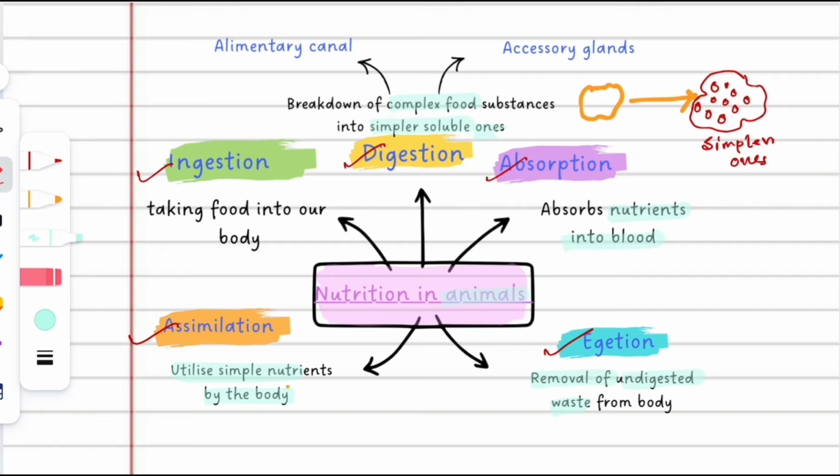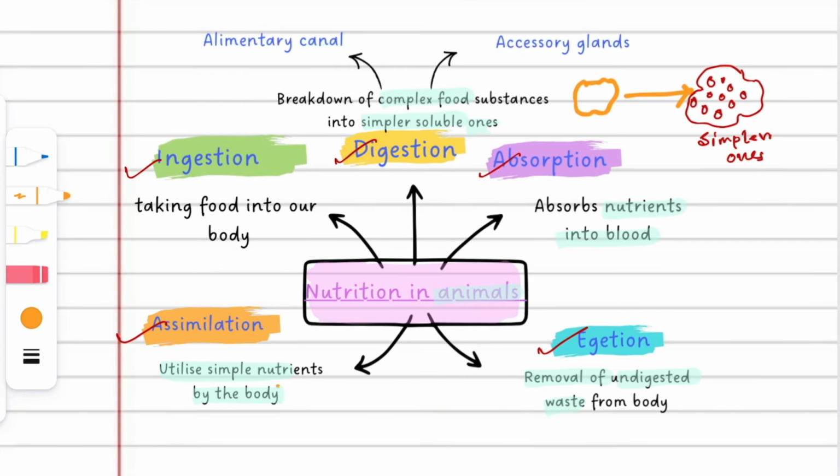So the rest of the undigested waste material that the body does not require will get removed from our body, and this is termed as egestion. So these are the 5 steps of nutrition, and we will understand how these 5 steps are facilitated by our digestive system. So first of all we will be talking about the human digestive system.